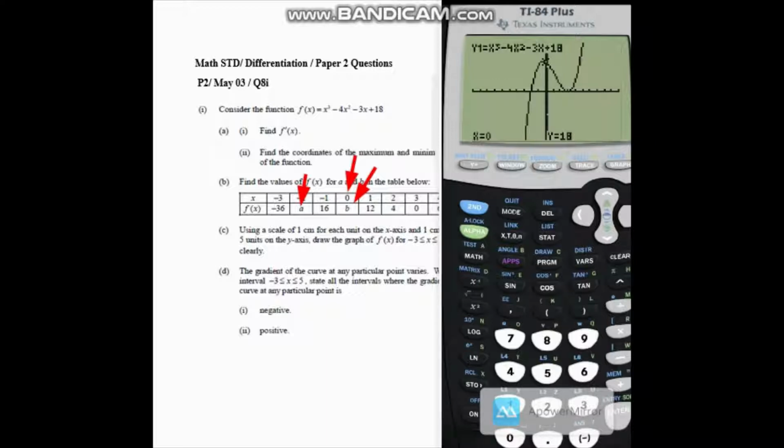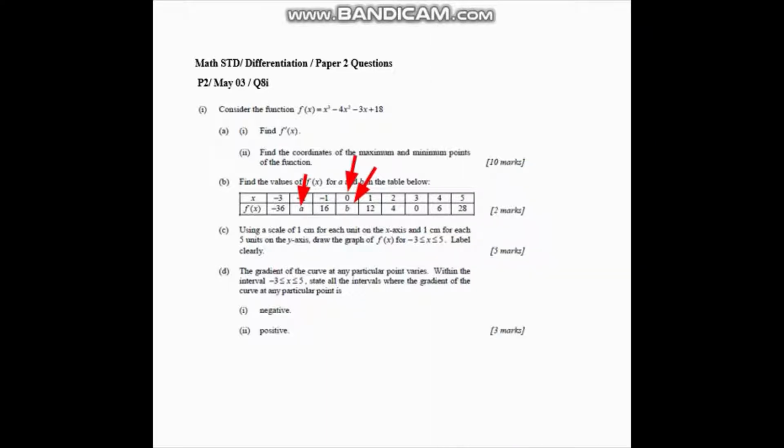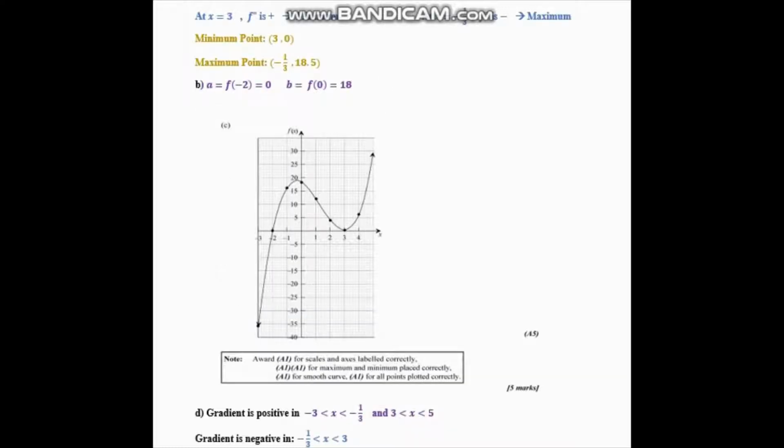Next, I'm required to sketch the function using the information in this table right there, and to label clearly. So there are your answers. As we said, A is 0 and B is 18 in the table, and in question C there is how your sketch should look. And the marking scheme provides 1 mark for correct scales and labeled axes, and you have to use the domain that they gave you.